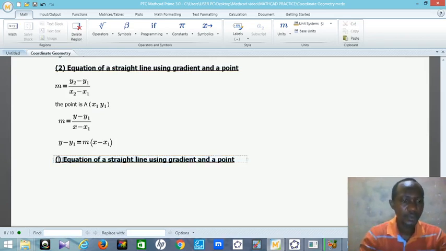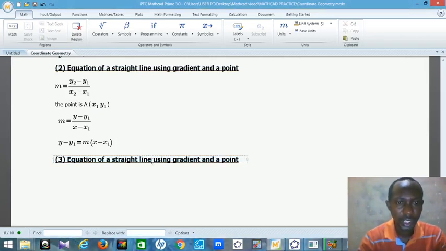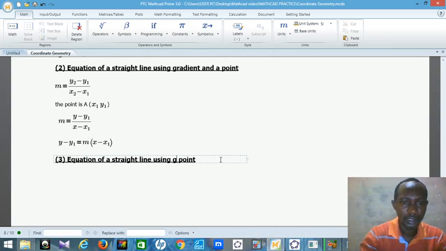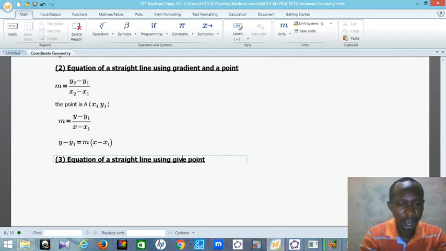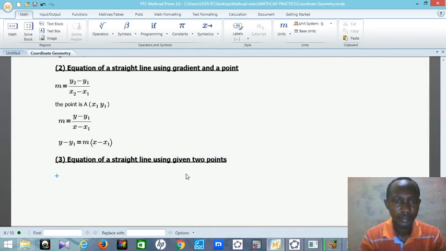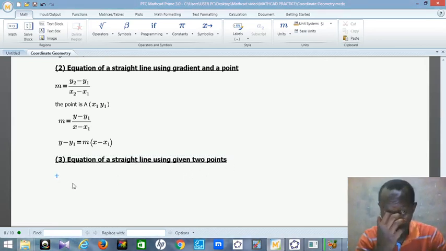Okay, so the third one is equation of a straight line using 2 points. So equation of a straight line giving 2 points. So when 2 points are given, how do you get equation of a straight line?